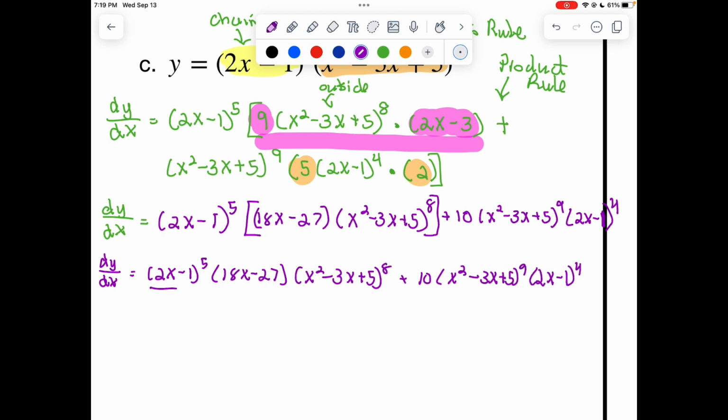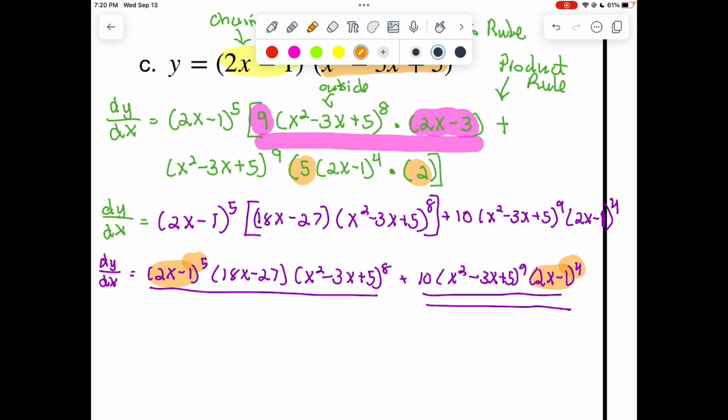So like I said earlier, here is our first term, and this is our second term. We're going to look at those two terms and ask what's in common. The first thing I notice is both terms have a 2x minus 1 factor. The first one has it 5 times, the second one has it 4 times.